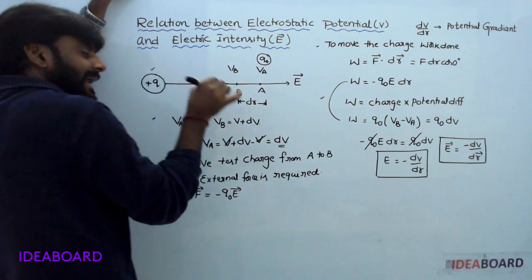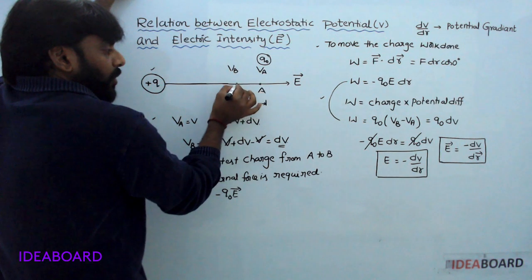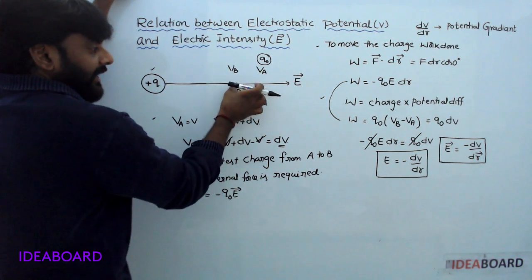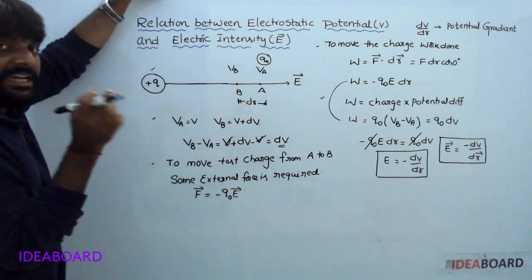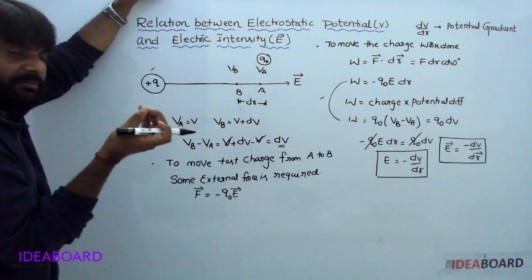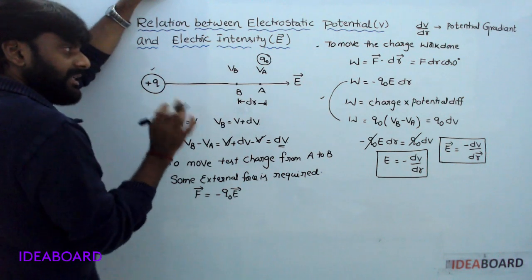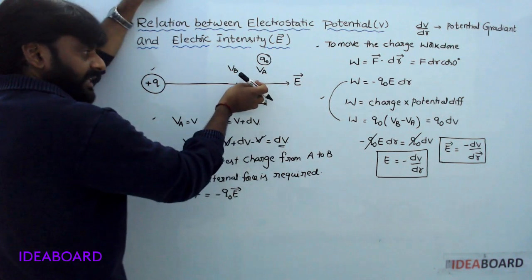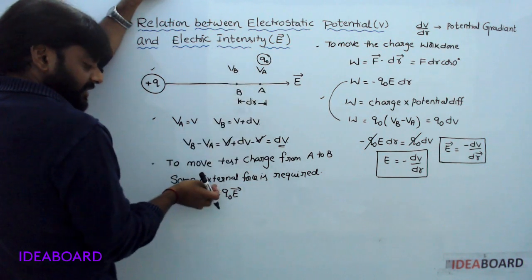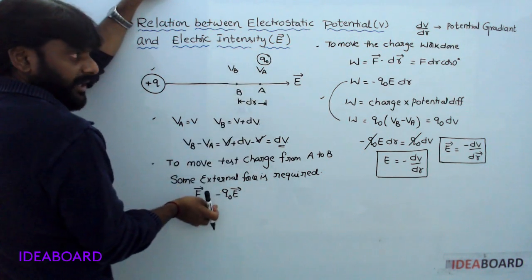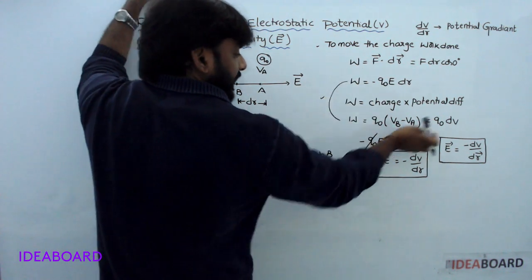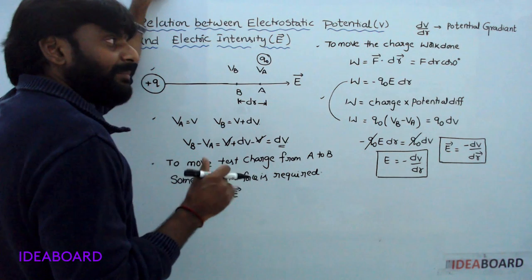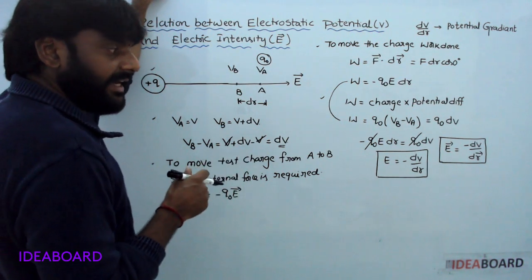In this field, consider 2 points A and B separated by distance dr. At A and B the electric field intensity is approximately the same because dr is very small. The potential difference is dV. To move the test charge from A to B, some external force is required. On equating the work done, E is equal to minus dV by dr, where dV by dr is the potential gradient.